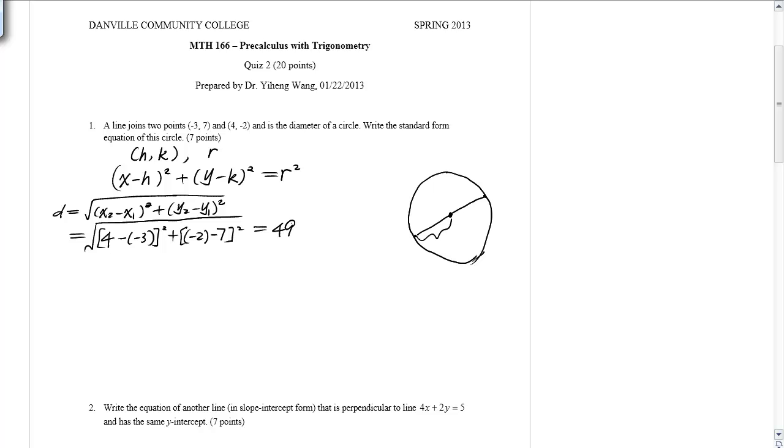Negative 2 minus 7 is negative 9. Negative 9 squared is 81. And that equals the square root of 130.